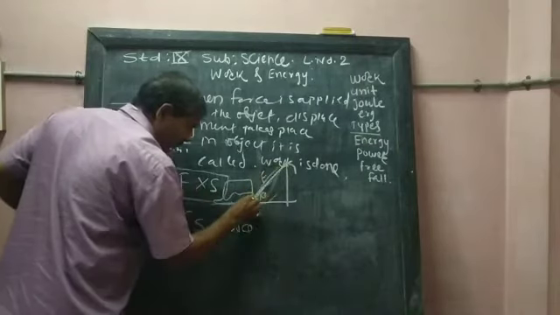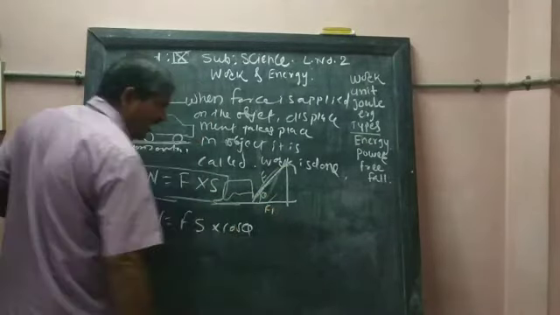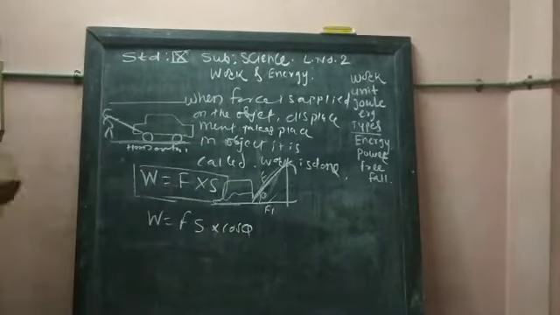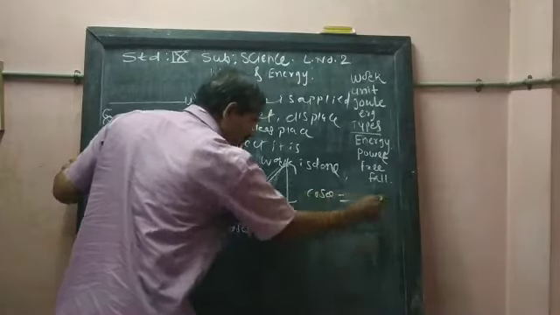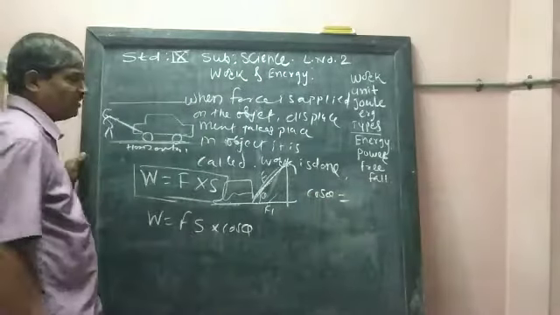This is the hypotenuse, F1 is the component along the direction, and F1 is the displacement that takes place. Now what is the formula of cos theta?